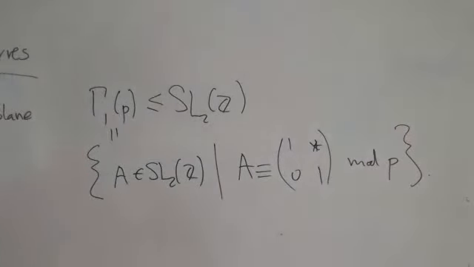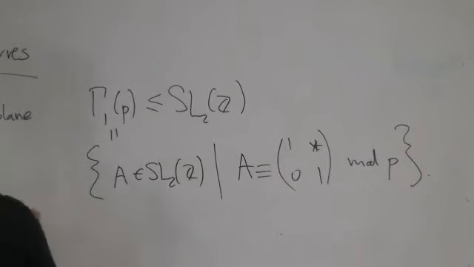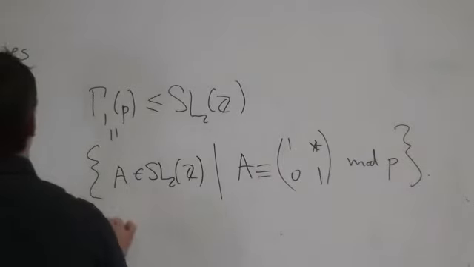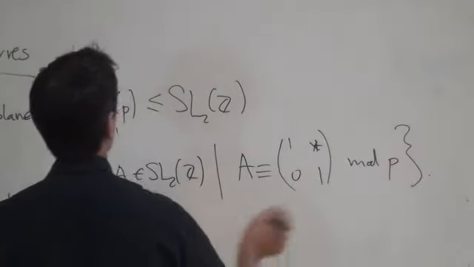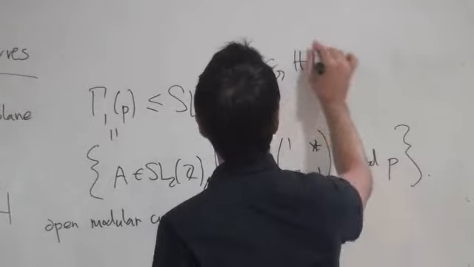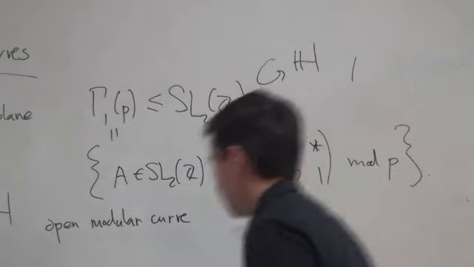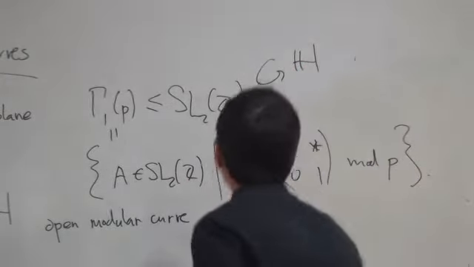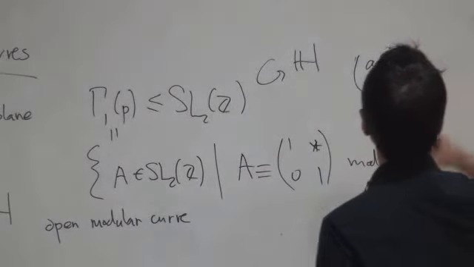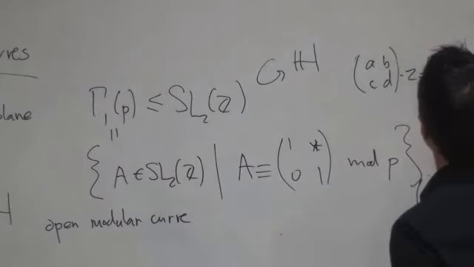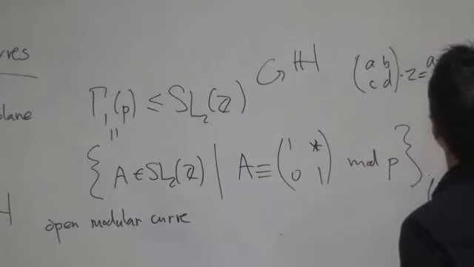And the quotient of H by gamma 1p is the open modular curve. So SL2Z acts on H by (A, B; C, D) times Z is (AZ plus B) over (CZ plus D).